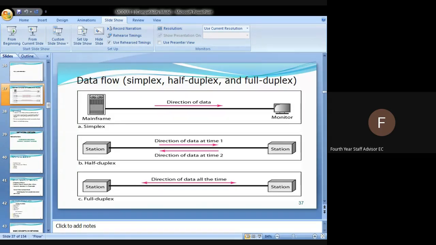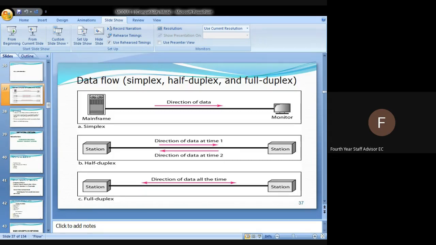One is the simplex mode, the half duplex mode, and the full duplex mode. I'll repeat once again. Simplex mode is unidirectional. Only one of the devices can transmit, and the other device can only receive. The capacity of the channel is utilized by the device that is transmitting the data. Now, the second one is the half duplex mode of transmission.